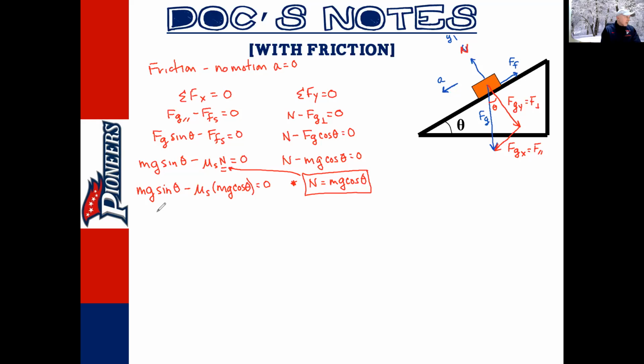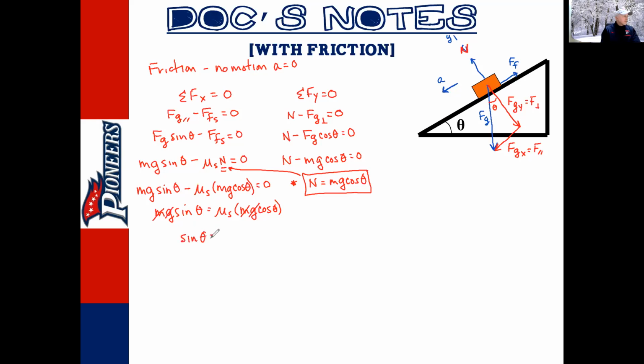So you can factor, but for some reason factoring seems to be something people don't see right away. So what if I get these things on the opposite side? Usually when I do that, people say, oh, I can factor out the mass, I can factor out g. Now what am I left with?